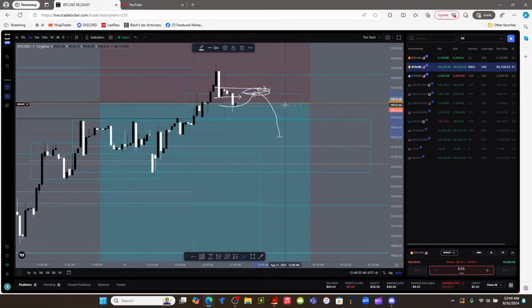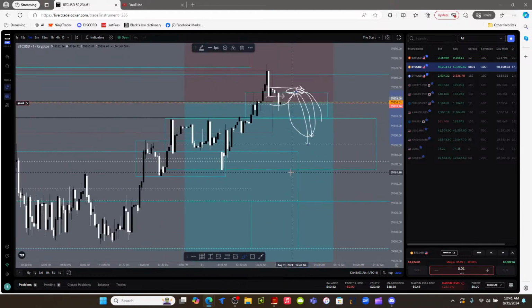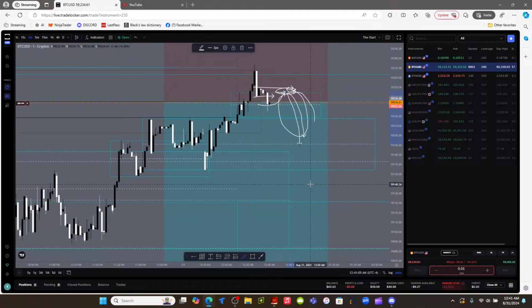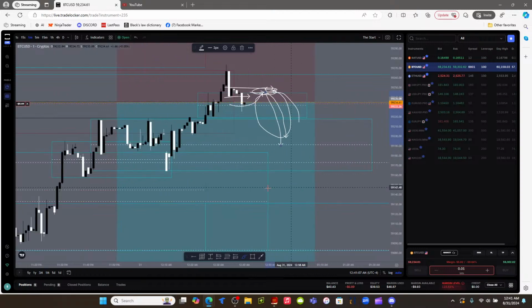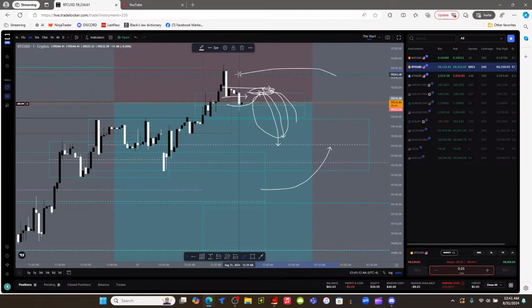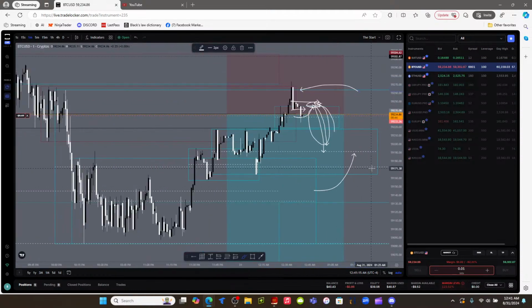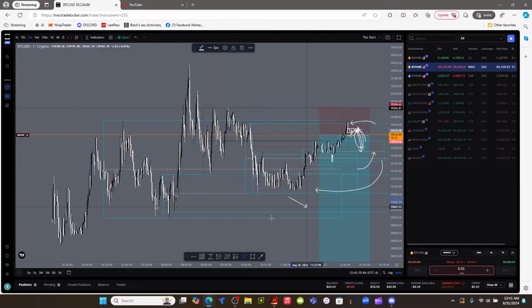Now, depending on this shift back down determines my next move. Whether we're continuing to buy back up to push new highs, or if we're continuing to run the rest of my lows.